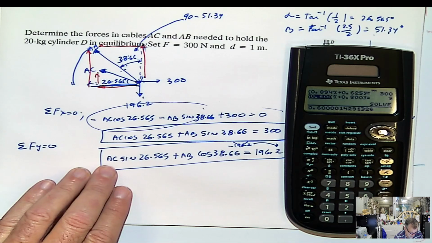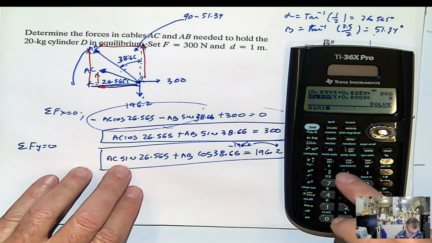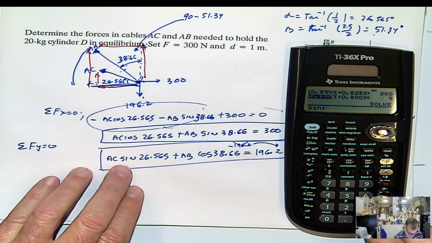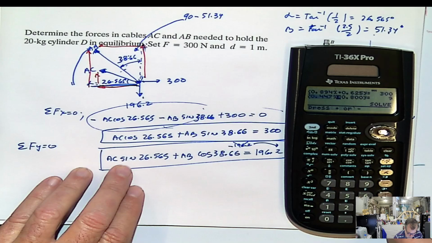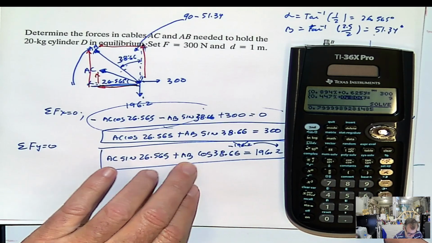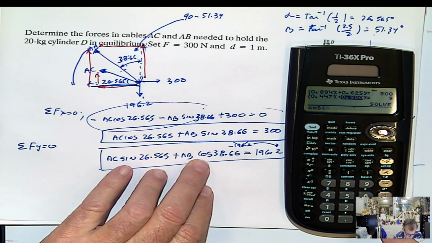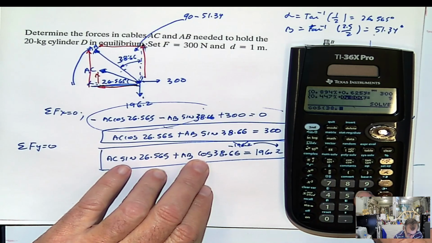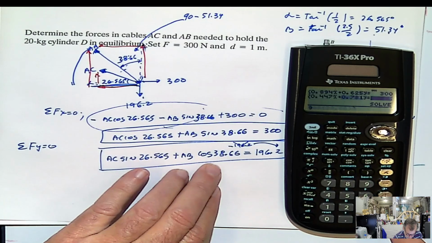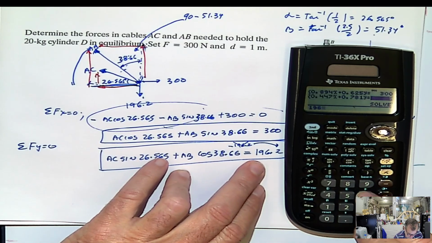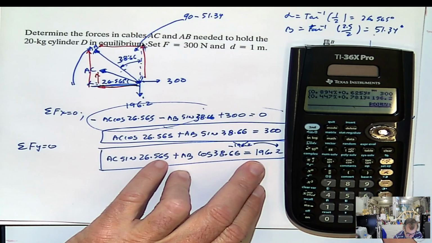And the second one will be sine of 26.565 positive cosine of 38.66, 196.2.